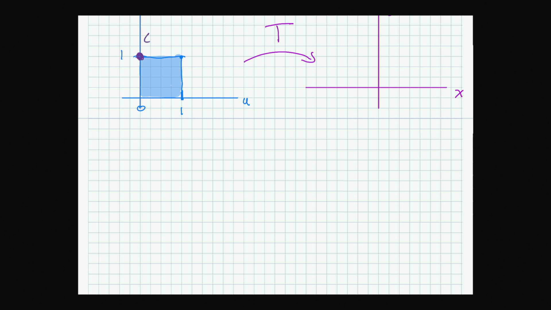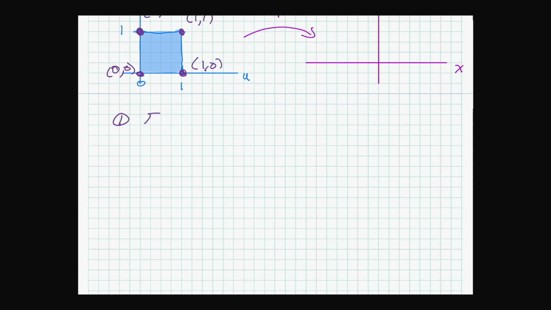You have a corner at 0, 1, a corner at 1, 1, a corner at 1, 0, and a corner at 0, 0. So the easiest thing is to figure out where the 4 corners go. This is basically like doing the last problem 4 times, right?